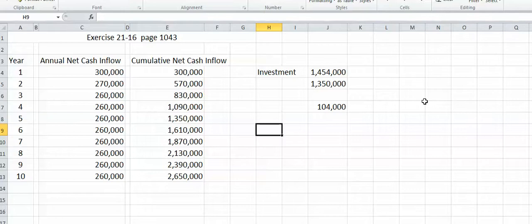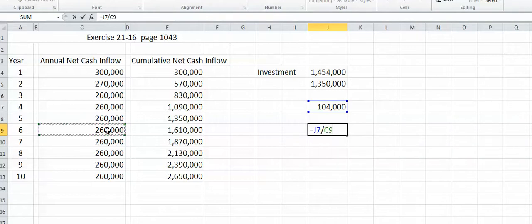annual cash inflow into year 6 of $260,000, what percentage is $104,000? So let's find out by just doing some simple division. Oh, a little too simple, I see.